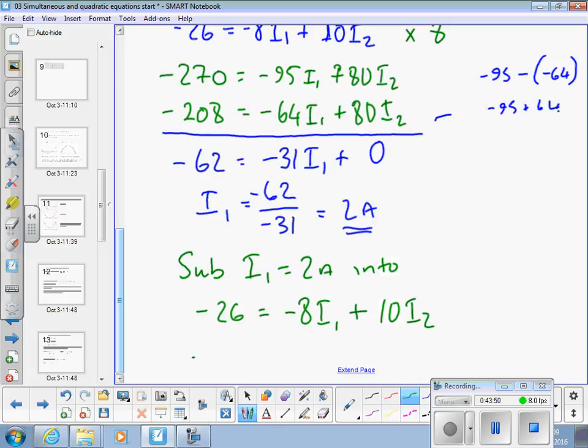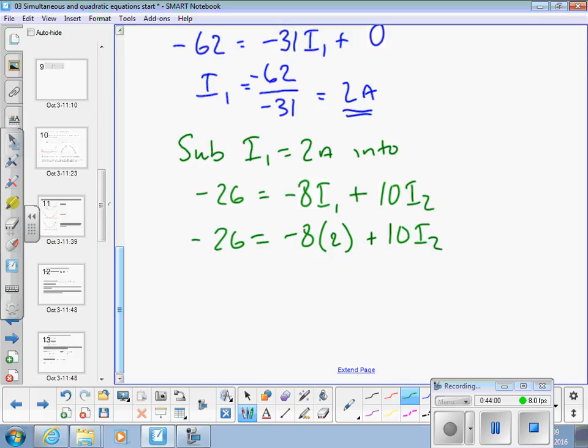So that becomes minus 26 equals minus 8 times 2 plus 10I2. All follow that so far? Minus 26 is equal to minus 16 plus 10I2.